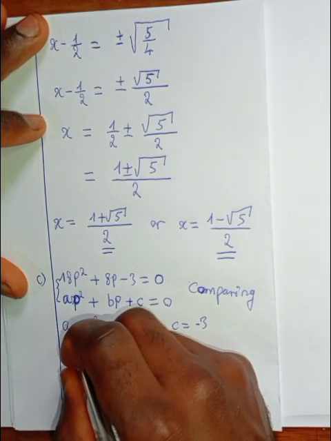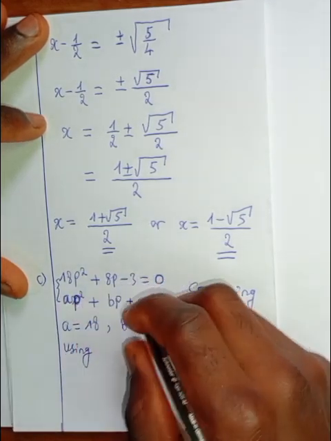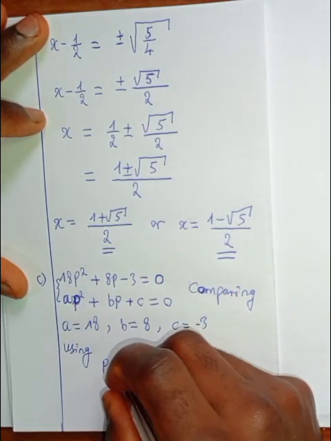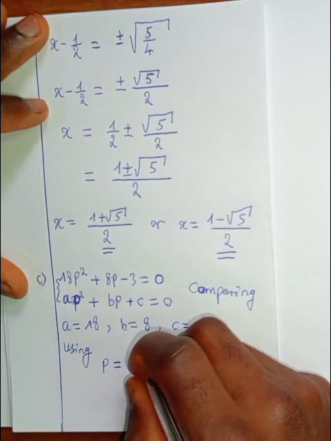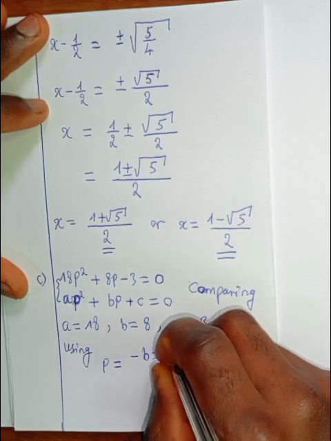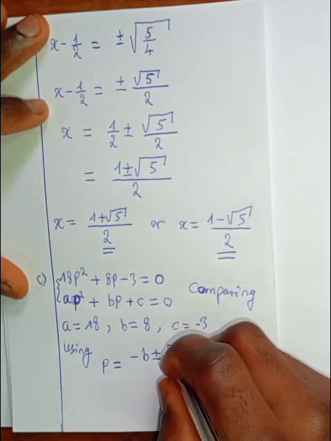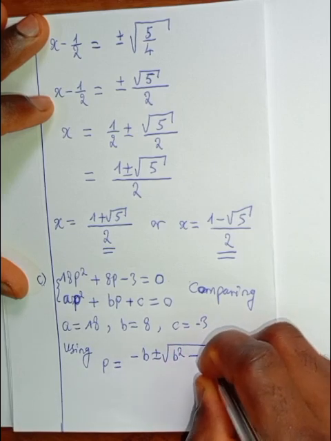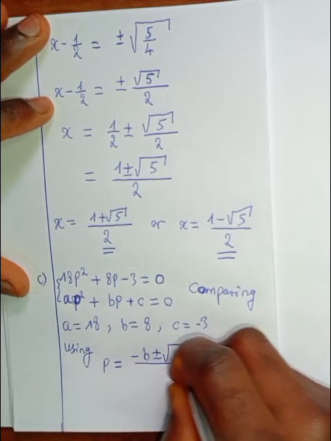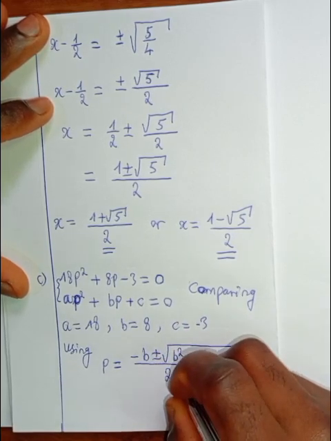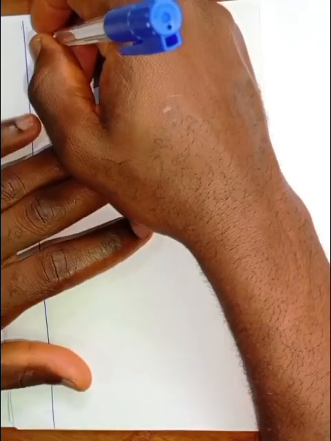Now, by using our quadratic formula, we are looking for p. P will simply be equal to negative b plus or minus the square root of b squared minus 4ac. Then we divide all this by 2a.